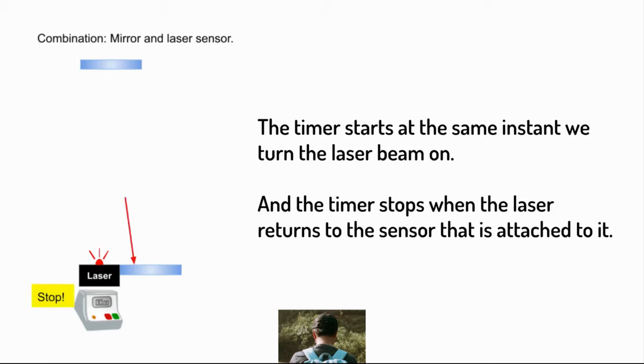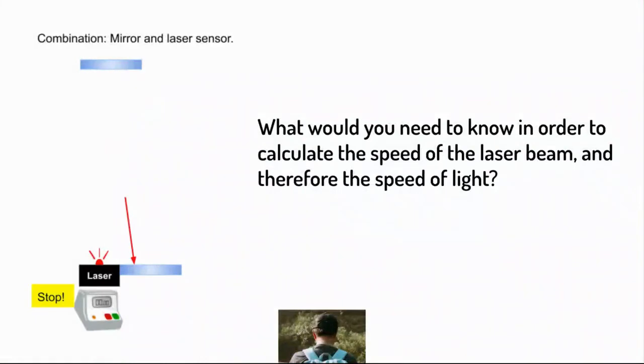When we turn on the laser, it starts the timer, and when the beam comes back and hits that sensor, it stops the timer. So think about this for a second. If we wanted to calculate the speed of the laser beam, which would be the speed of light, what other information would we need?